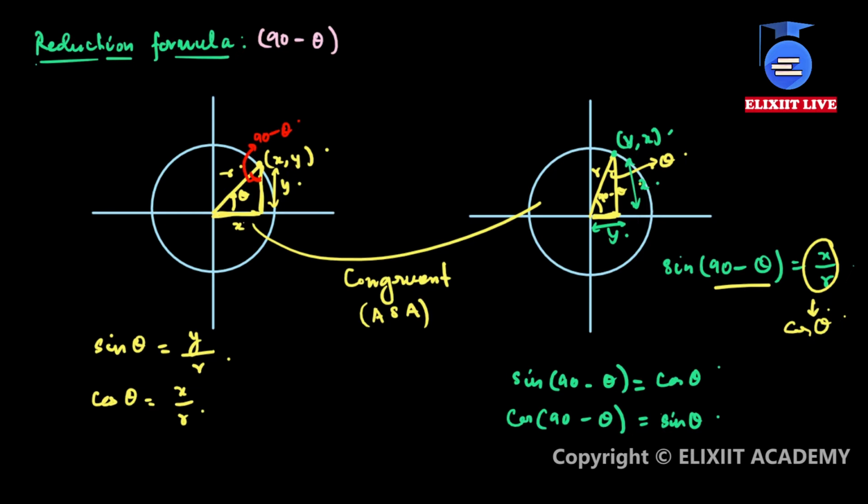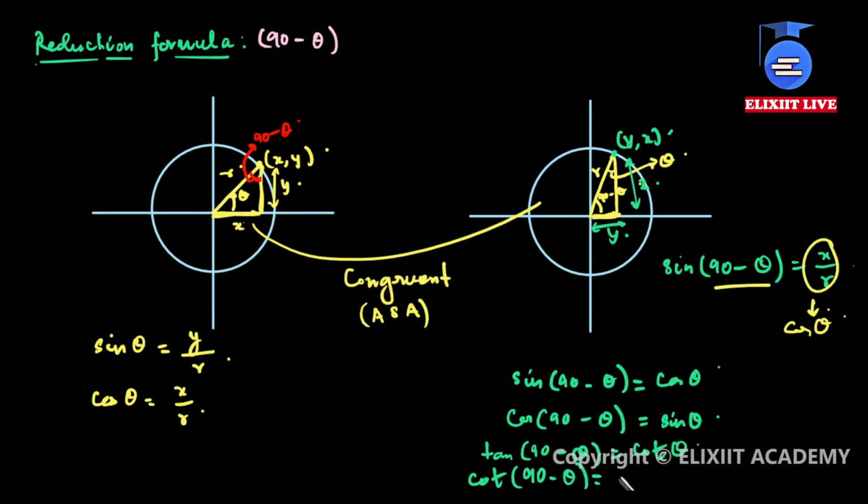Tan 90 minus theta you can simply derive from here itself. Tan 90 minus theta will be sine 90 minus theta divided by cos 90 minus theta. So that is cos theta by sine theta, which is cot theta. Okay. So cot 90 minus theta, you all know this thing.